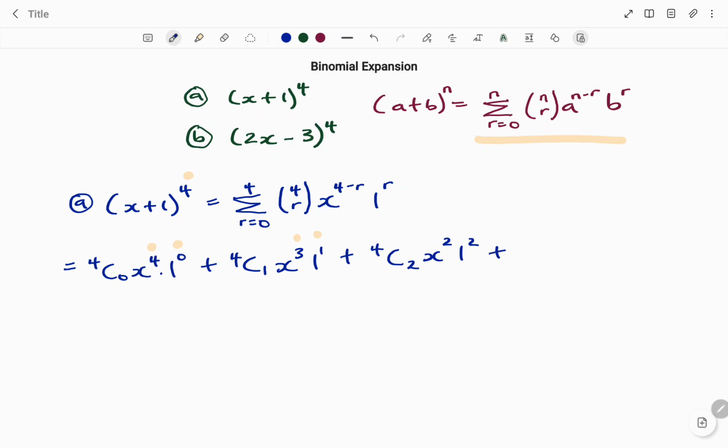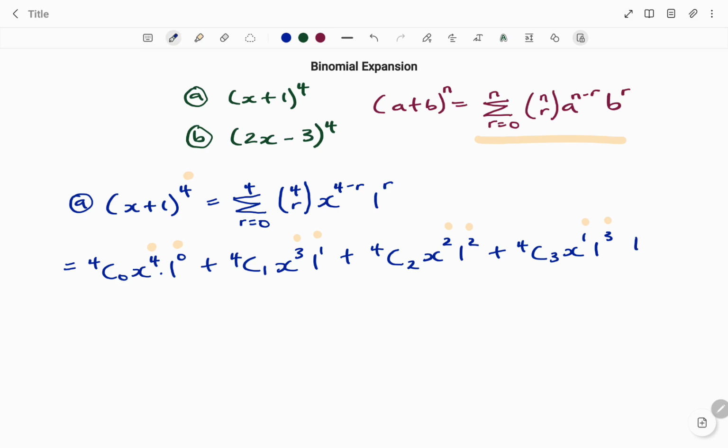Then I have plus, our r increases to 3, so that's 4 combination 3. The power of x drops again by 1, so 2 minus 1, that's 1. Then the power of 1 increases to 2 plus 1, 3. Like I said, a good check is to always make sure that if you add the powers together, it gives you n, and in this case, n is 4.